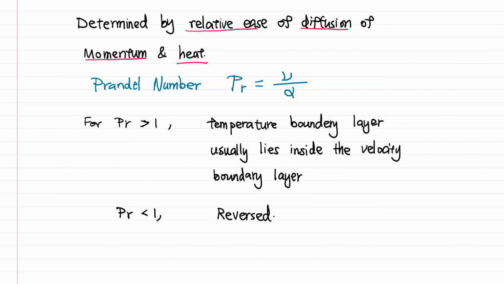And when Prandtl number is smaller than 1, the relation would be reversed. So as a reference, the Prandtl number equals about 3/4 for gases, and the Prandtl number would be much smaller than 1 for liquid metal.